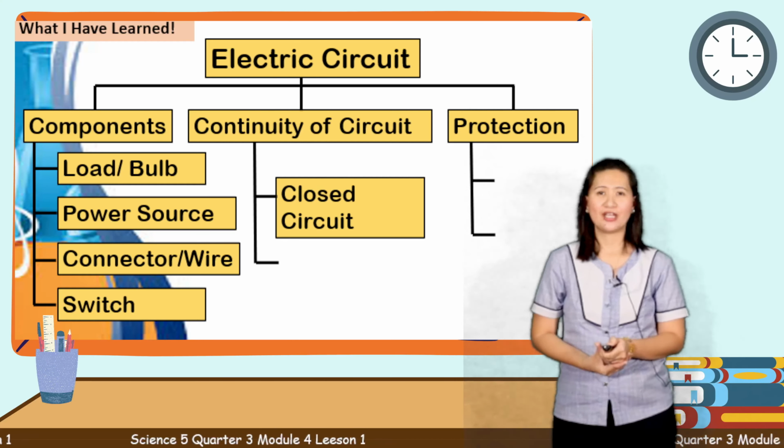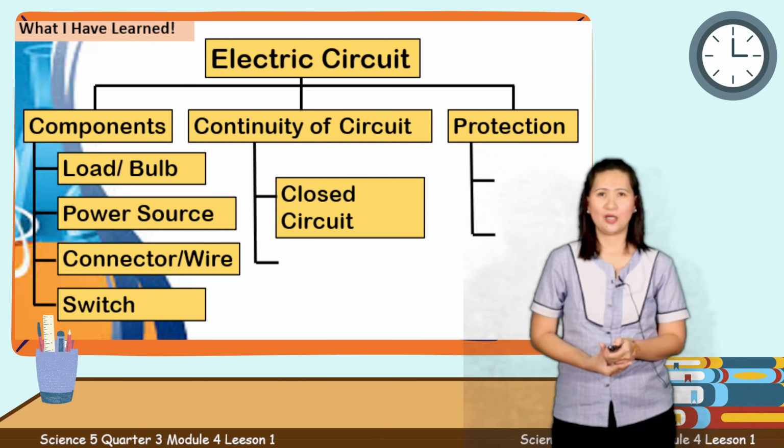We have the closed circuit, wherein there is a complete path of electricity, and the switch is on. And open circuit, where there is a gap or no complete path of electricity, and that is when the switch is off. And what are the 2 devices? We have the fuse and the circuit breaker.